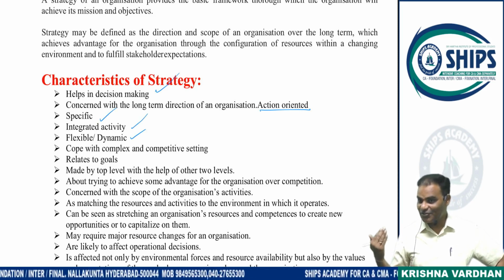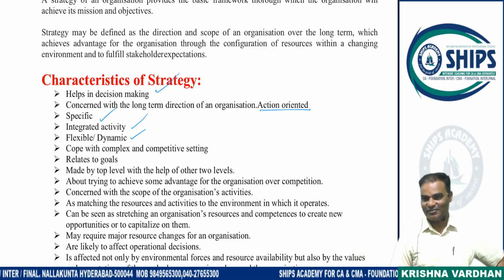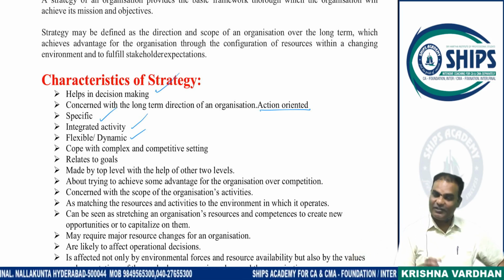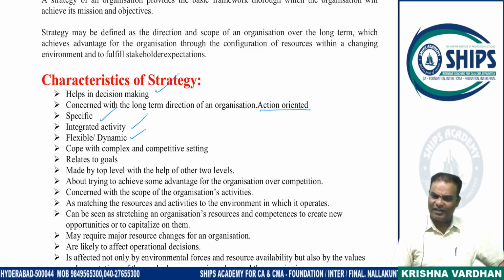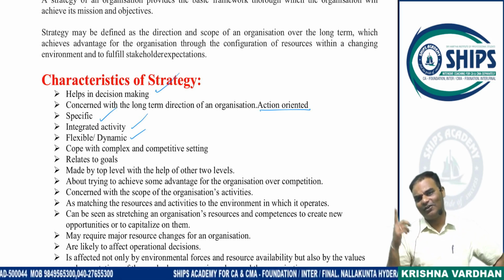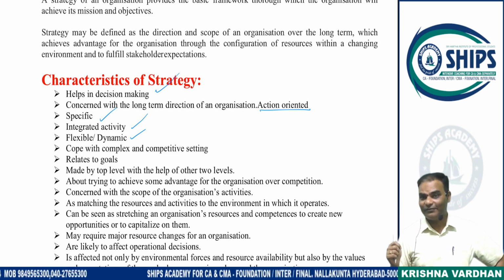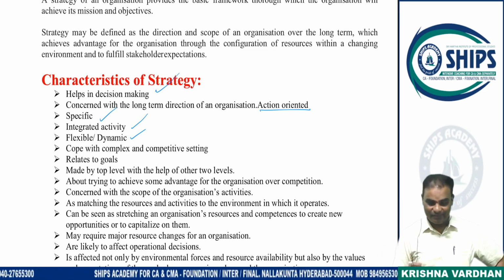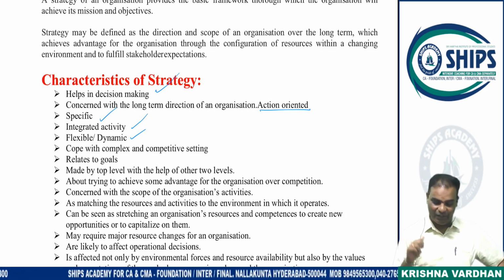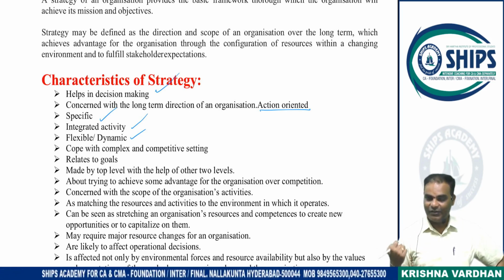Strategy changes according to the situation, they should cope with complex and competitive setting. They are related to goal. And who makes the strategy? Top level. Top level with the help of the other two levels. What are the other two levels of management? Middle level and lower level. Tactical and operational.